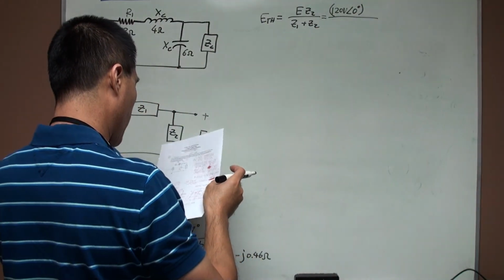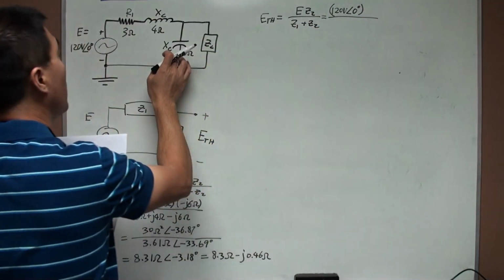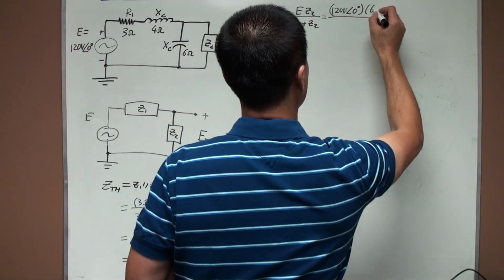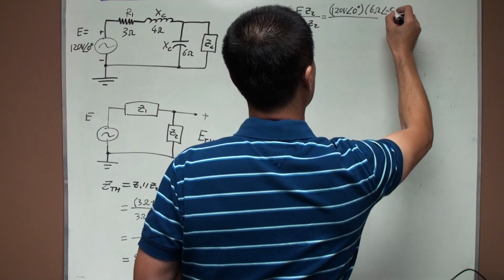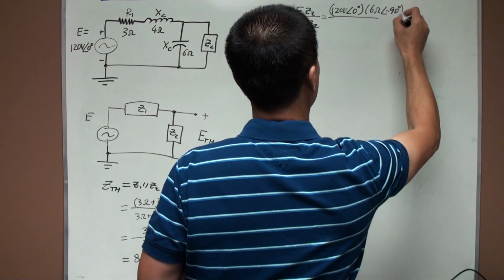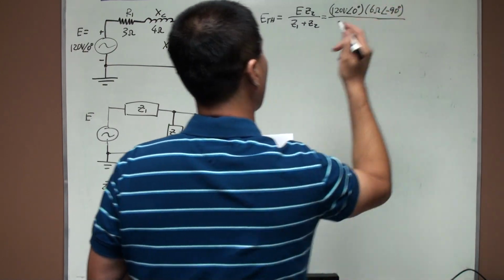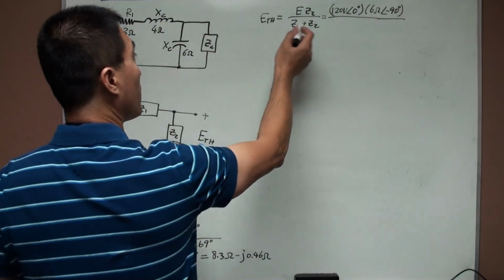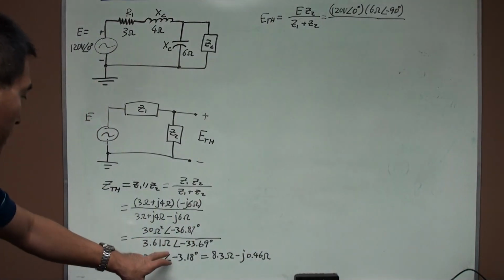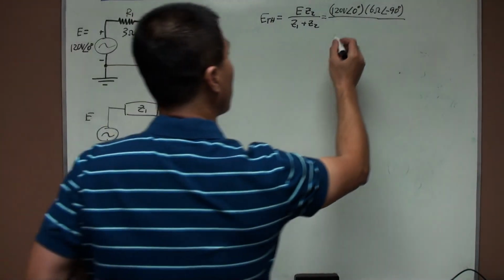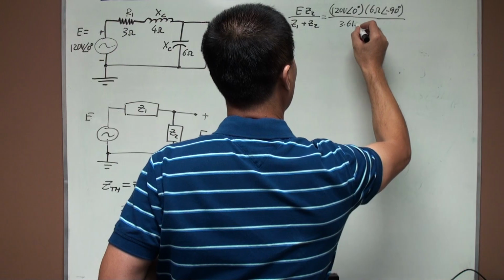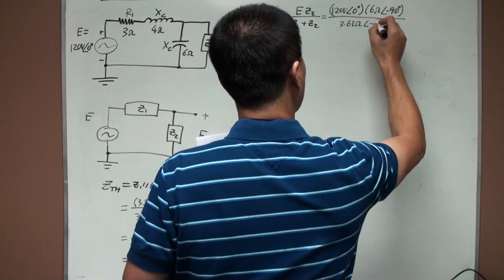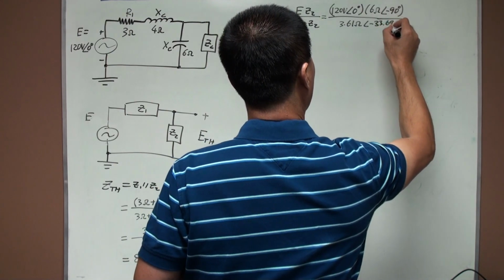Z2 is a capacitor, which is 6 ohms with negative 90 degrees, because for a capacitor the phase angle is negative 90 degrees. And Z1 plus Z2 we already have: it's 3.61 ohms with an angle of negative 33.69 degrees.